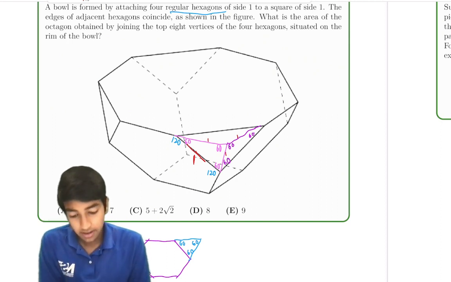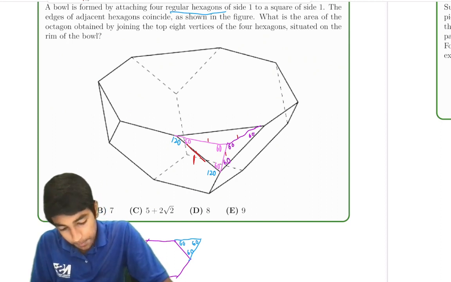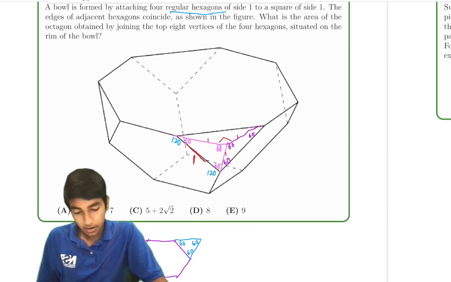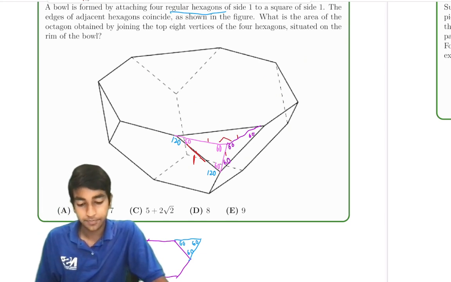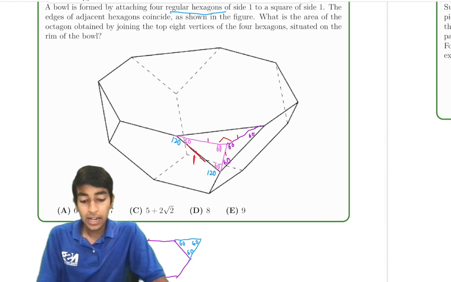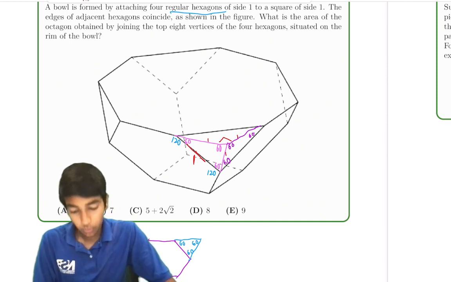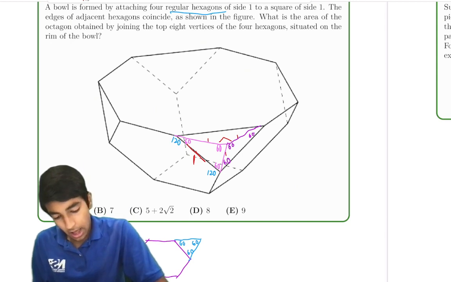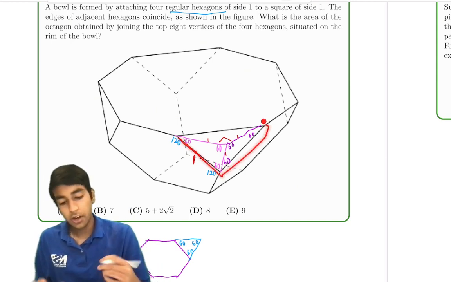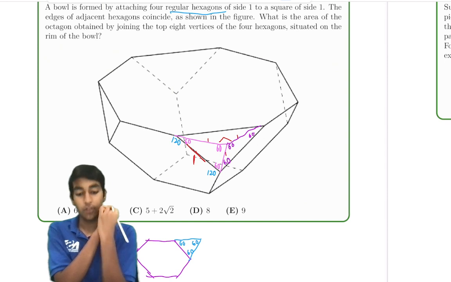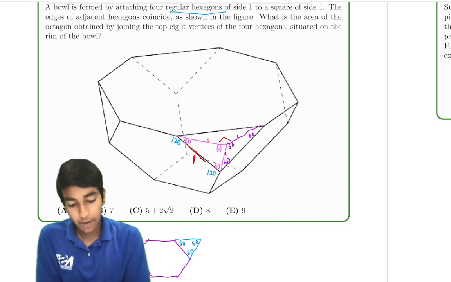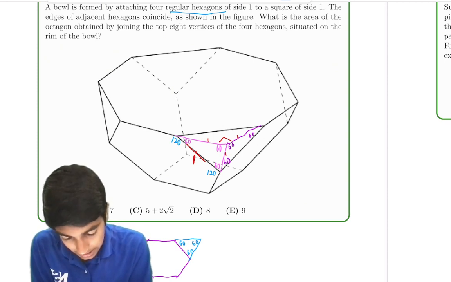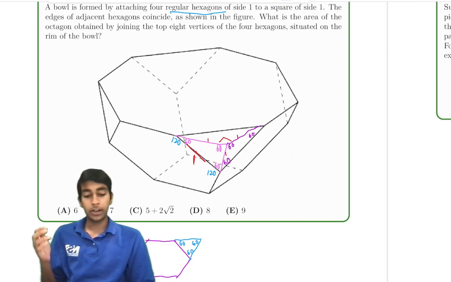Okay, what's next? The key thing here is to now notice that this angle right here will be 90 degrees. The reason it will be 90 degrees is because we're essentially taking this corner out. We're essentially adding this right tetrahedron on top of here. So if we do add that right tetrahedron, it can't be something else like 120 degrees or anything like that.